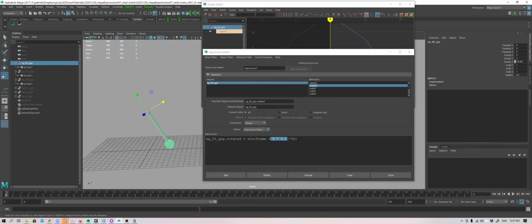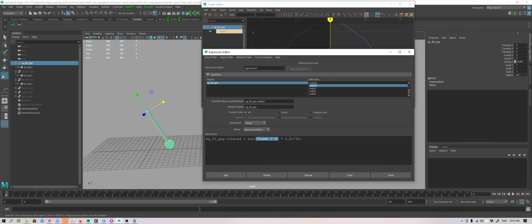And even though it did start at this angle, what we actually wanted is to feed in and offset the frame by 8 frames, so that at frame 0 it evaluated to frame 8, and then continue on from there, right?